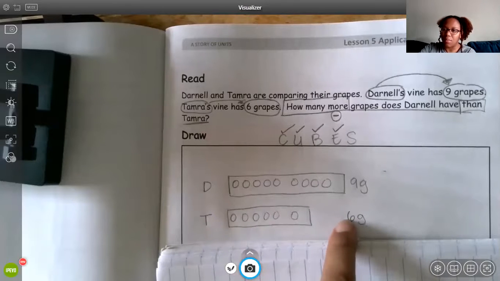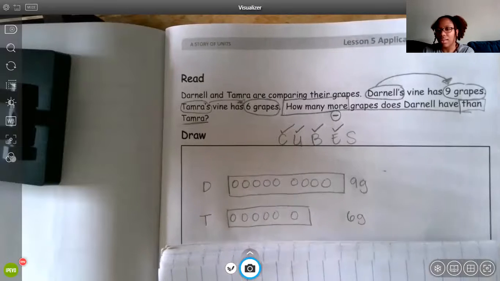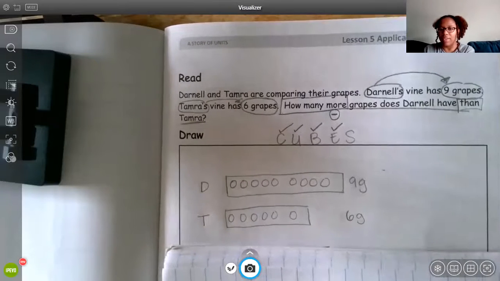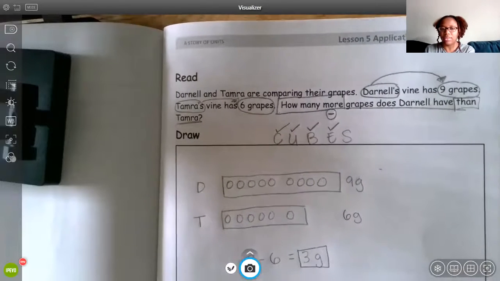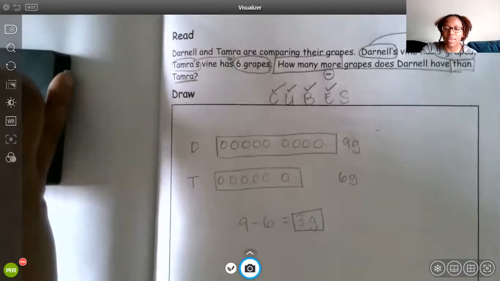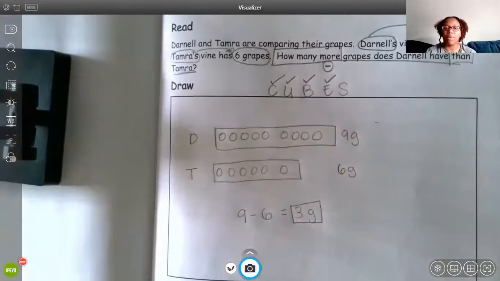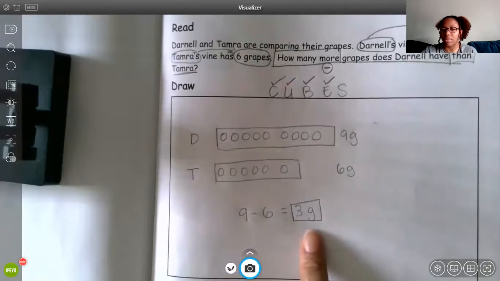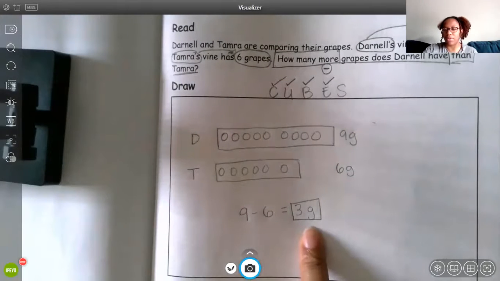And that's all for my picture. And then we have our number sentence. Let me move this down here. The number sentence I came up with is 9 minus 6 equals 3 grapes, or 3G.